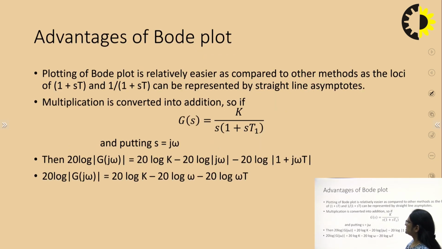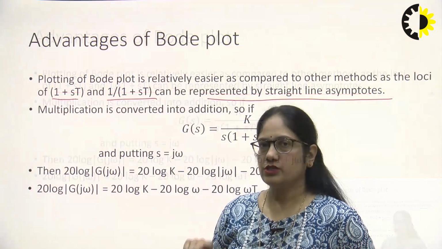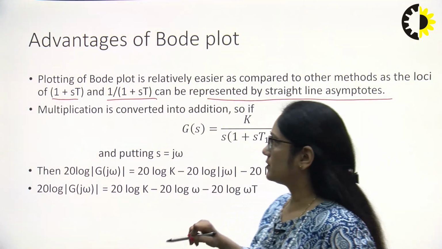So, these are certain advantages of the Bode plot. Plotting the Bode plot is relatively easier as compared to other methods, as the loci of these terms can be represented by straight line asymptotes, as we see that the slope changes at the corner frequency.